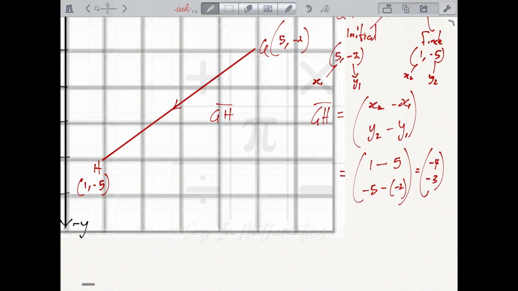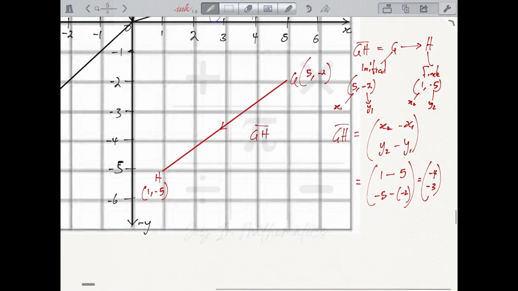Now let's compare this using a quick shortcut. On the x-axis we count 1, 2, 3, 4, and on the y-axis 1, 2, 3. Because the direction is going downwards, it will have a negative direction.